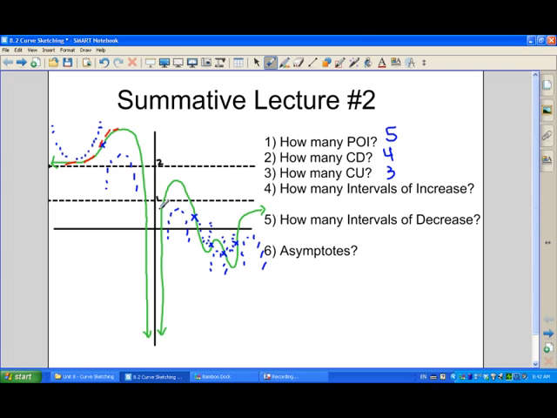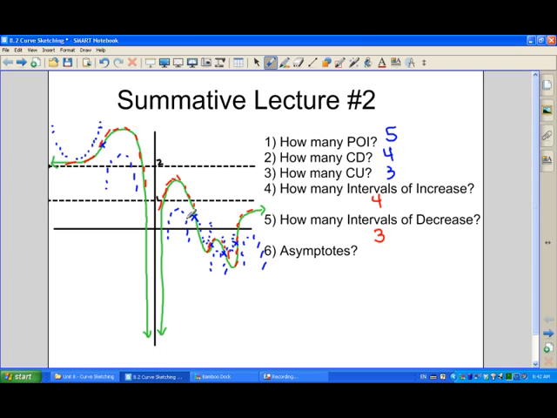On the other side of the vertical asymptote I have positive slope again, so 2 sections of increase, a little bit here, 3 sections, and then 4 sections of increase. For my intervals of decrease, again, I'm looking for sections where the slope is negative. So I see 1, 2, 3 sections of decrease.